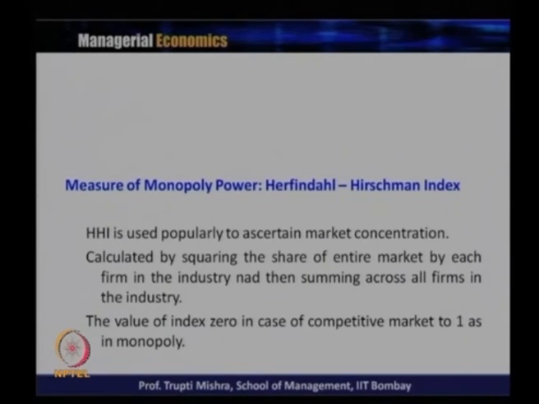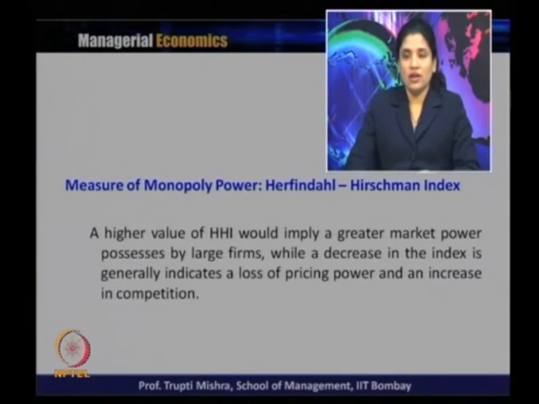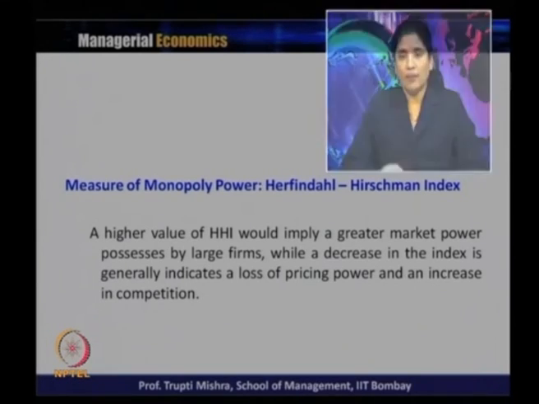The value of the index is 0 in case of a competitive market to 1 in case of monopoly. Higher value of HHI would imply a greater market power possessed by large firms, while a decrease in the index generally indicates a loss of pricing power and an increase in competition.